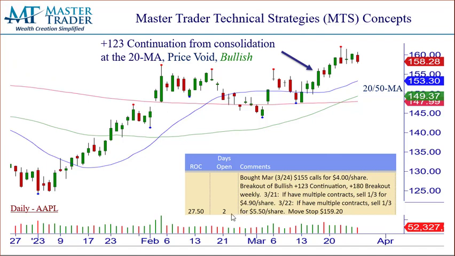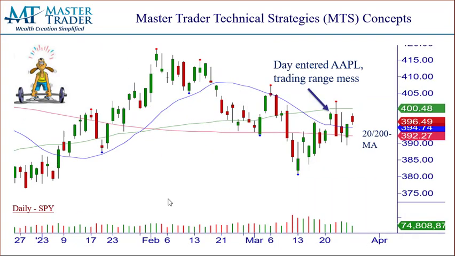Now, again, the broader markets have been a little iffy, as I showed you on the other 2 charts. If you have multiple contracts, the day we entered, we sold a part of this for $4.90, made about 20% return. The next day, we sold another third. So in a 2-day trade, we netted over 27% return on capital.